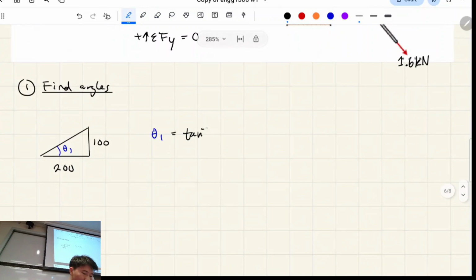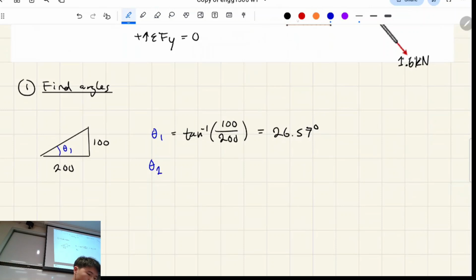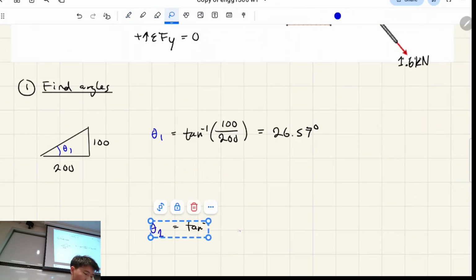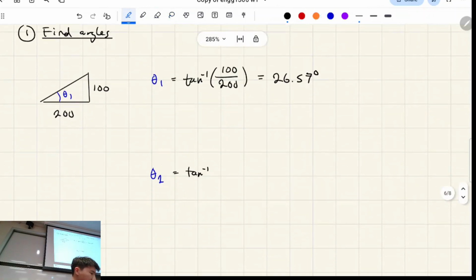Anyway, so we're just going to use tan inverse of rise over run. We get that. And, oops, sorry, getting ahead of myself here. I'm going to redraw the second angle as well.